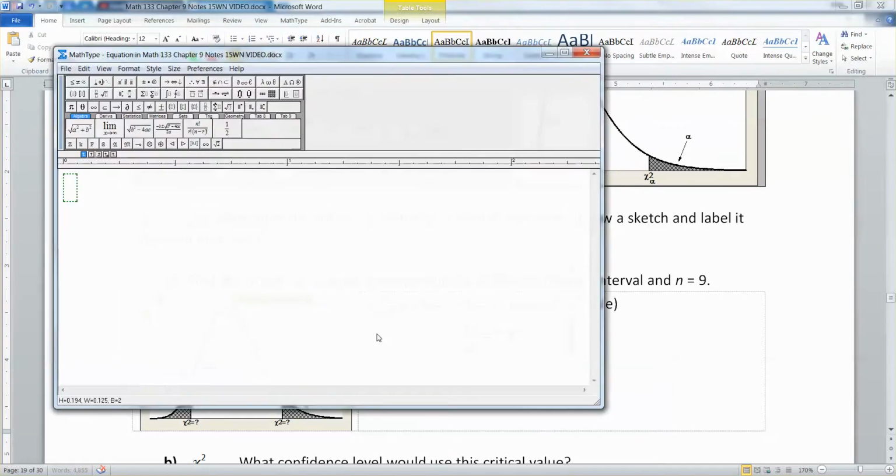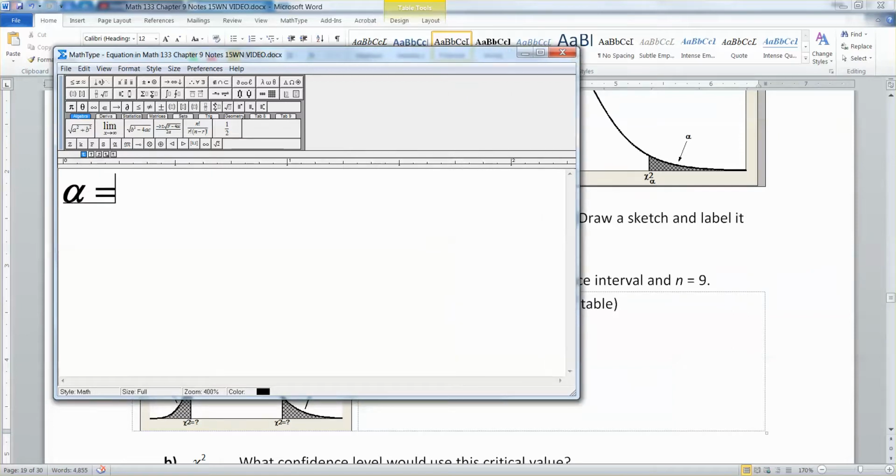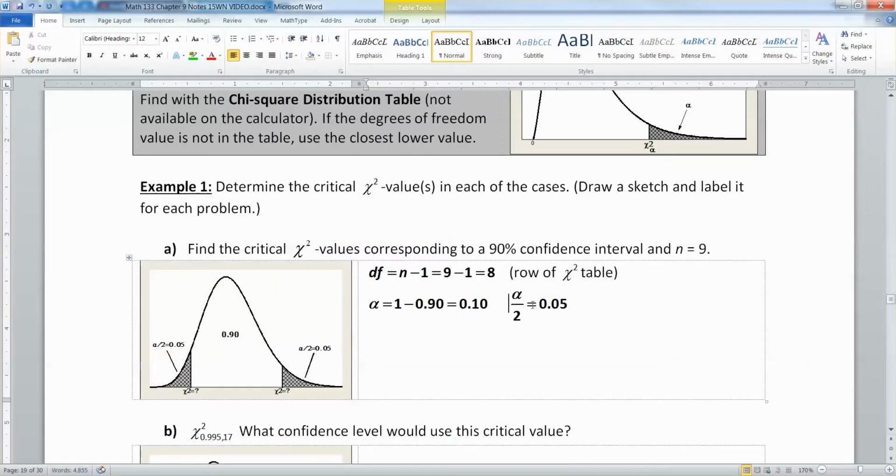I know that my confidence level is 90%, so that's 1 minus 0.90 to make my alpha, which is 0.10. And then I cut it in half to get my alpha over 2. So I know that alpha over 2 is 0.05. Right, that's one of the columns, right? Column number 1 in the table.